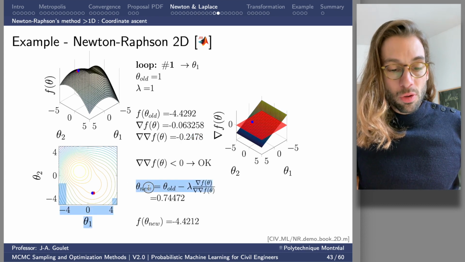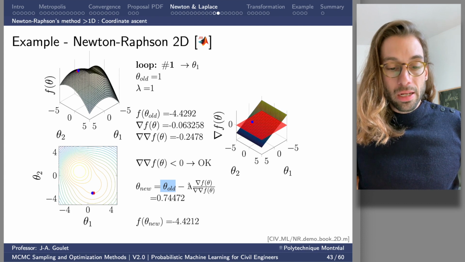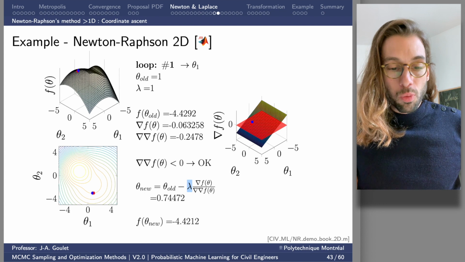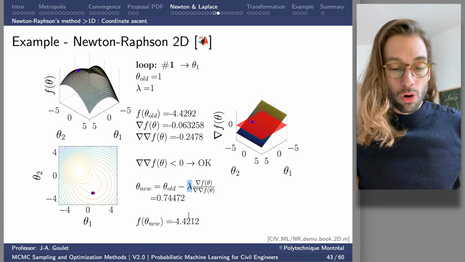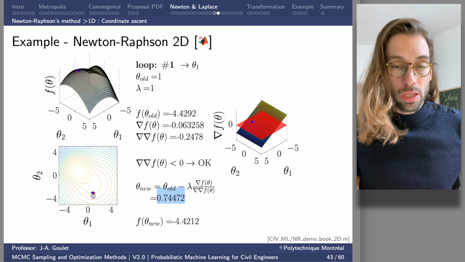In that case, that gives me a value of theta new, being the current parameter value, 1, minus lambda, plus 1, times the gradient, minus 0.06, divided by the second order derivative, minus 0.24. So it means my new point is going to be 0.74. So I move from there to there, okay?